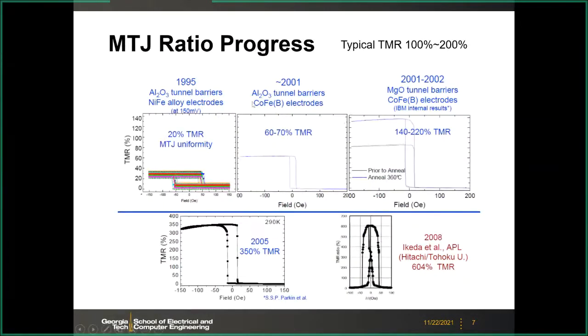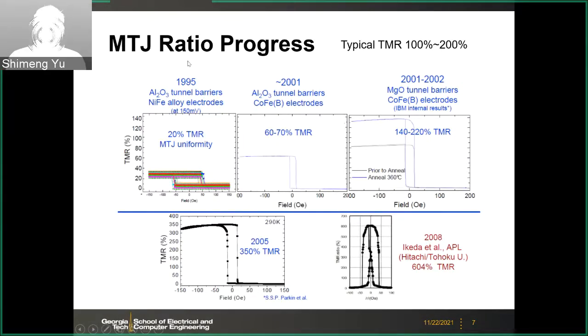And in the past 20 years or so, the MTJ ratio keeps increasing through stack engineering. This MTJ resistance change was discovered in the 1990s, and then over the years the TMR ratio increased, and typically today it is like 100% to 120%. Through special engineering, it can be further improved, and the record is like 600% TMR ratio.